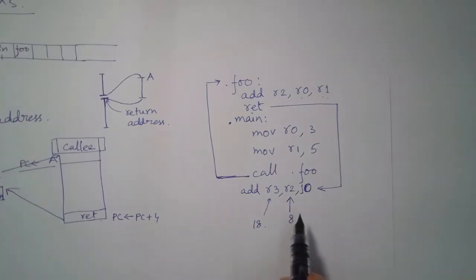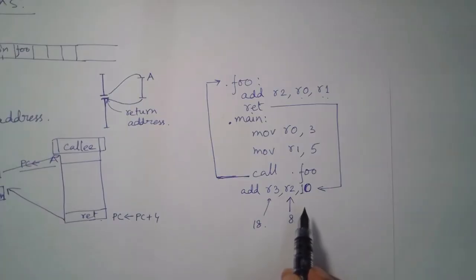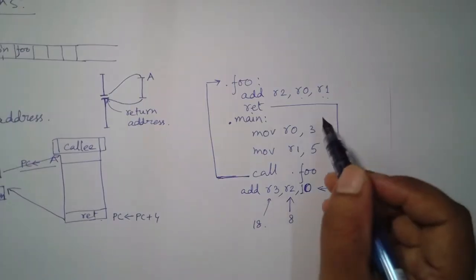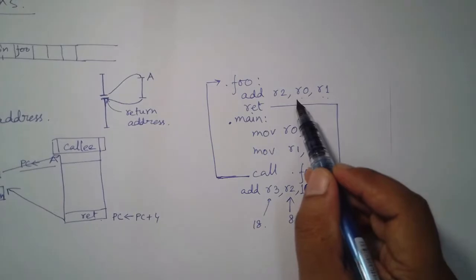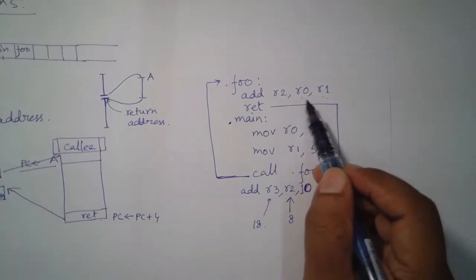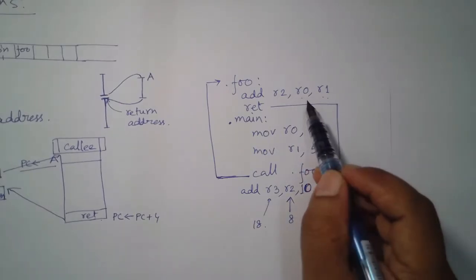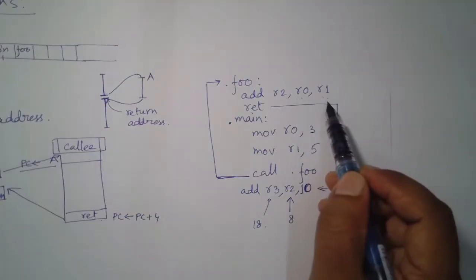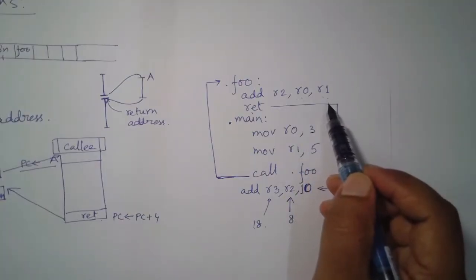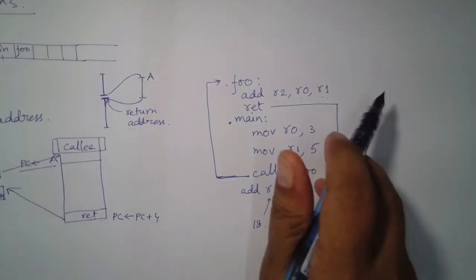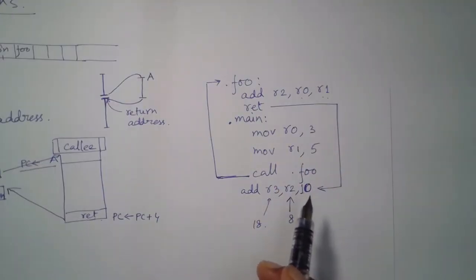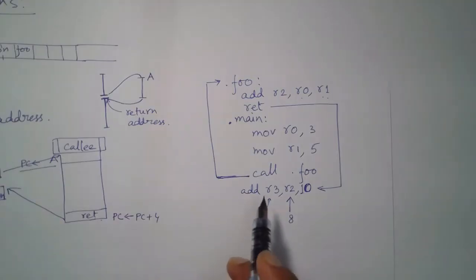Definitely one problem we can immediately see is that the arguments which this function needs are passed through these registers. Now, these registers are very limited in number. So, for example, in our simple RISC, or if you look at an ARM processor, we have only 16 general purpose registers.